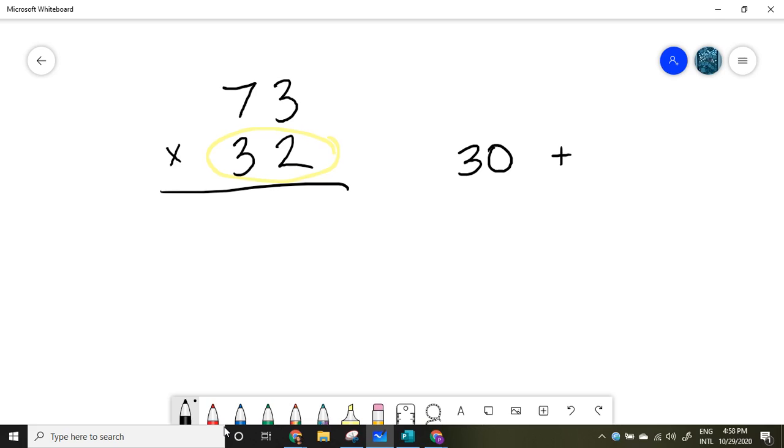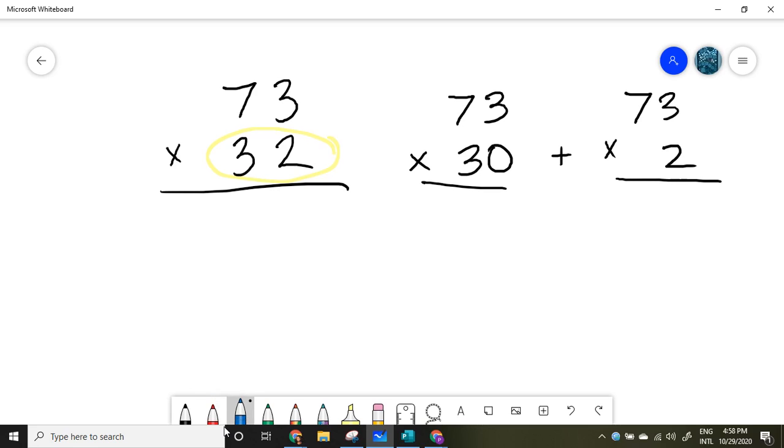Then I look at my ones. I have 2 ones, so my value is 2. So instead of doing 32, I split it up into 30 plus 2. That means instead of multiplying 73 times 32, I can do 73 times 30 and 73 times 2.